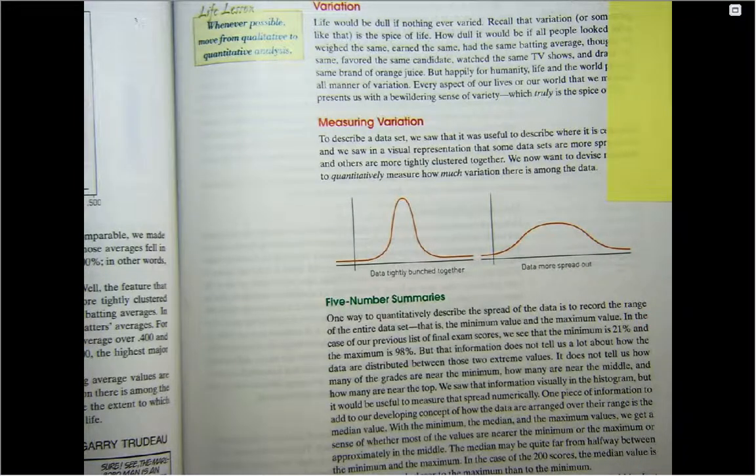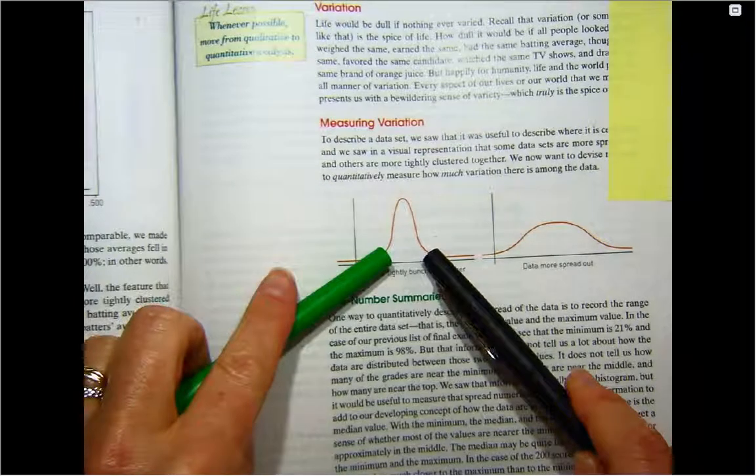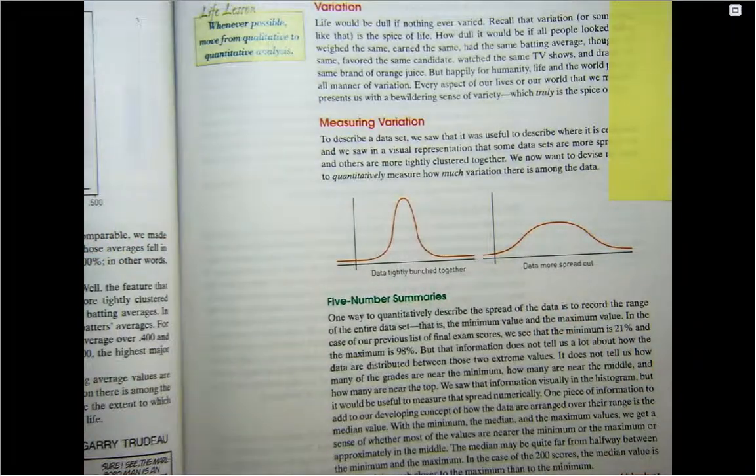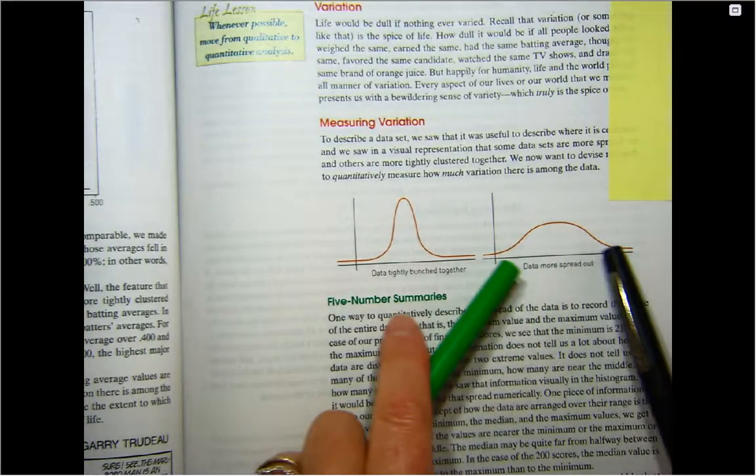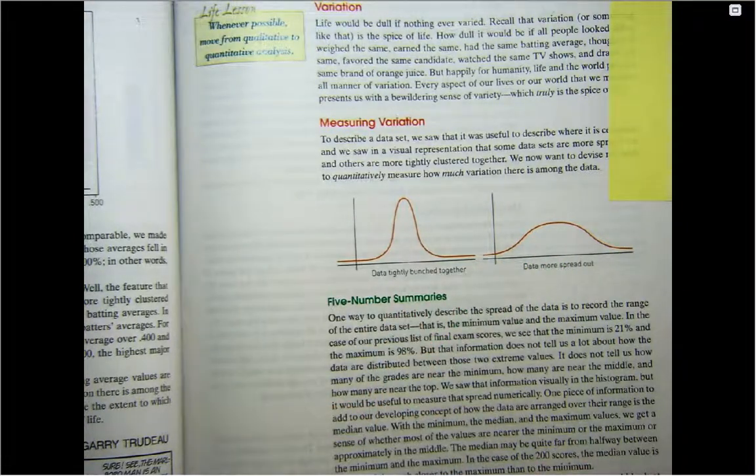So a large variation has the word vary in it. So when you're looking at your variation, you're seeing how much does the data vary from the center. How much does the data spread out? So this graph doesn't spread out very much. It's clustered tightly around the center, so that would have a small variation. Whereas this graph is spread out, so it varies greatly. The data points vary greatly from the center, and they're not all clustered around the middle.